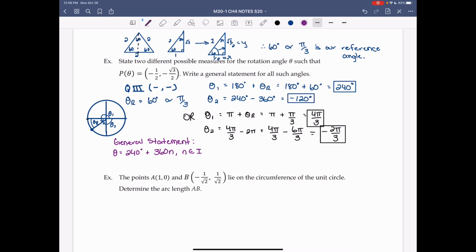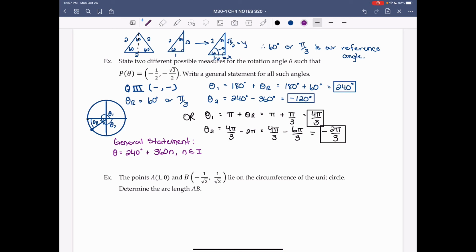The difference between this one and the general statement we wrote in 4.1 is that in 4.1 we were talking about the general statement for angles that were coterminal only. If you calculate the general statement for coterminal angles, it won't include the angle you started with.